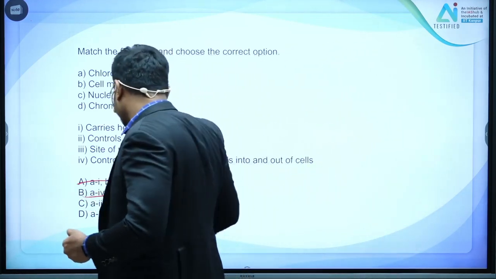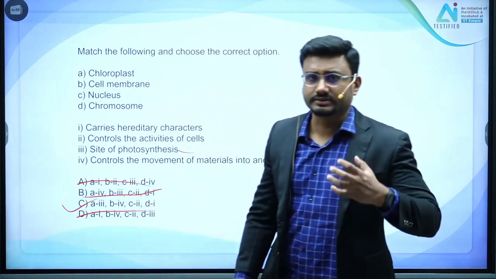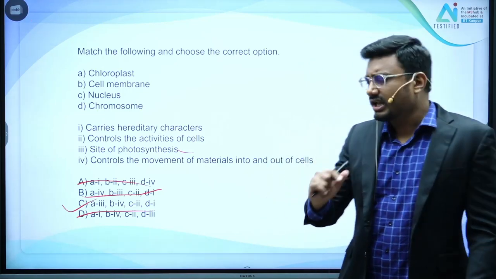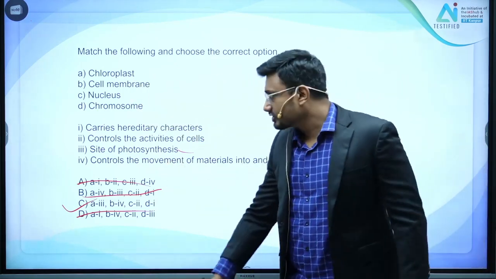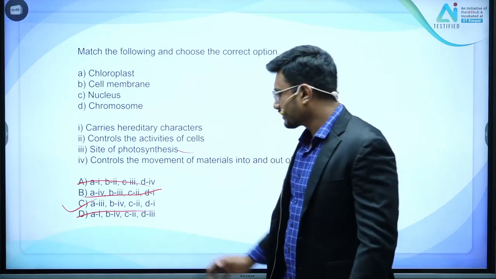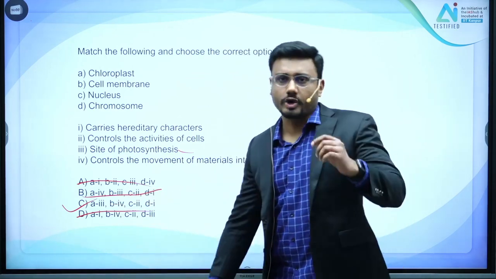So I have got the answer from a single option itself. That is the plus point of the match the following type of questions. Even if we know a single option, we can get the whole answer. The correct option is C, because A is matching with 3 only in option C.